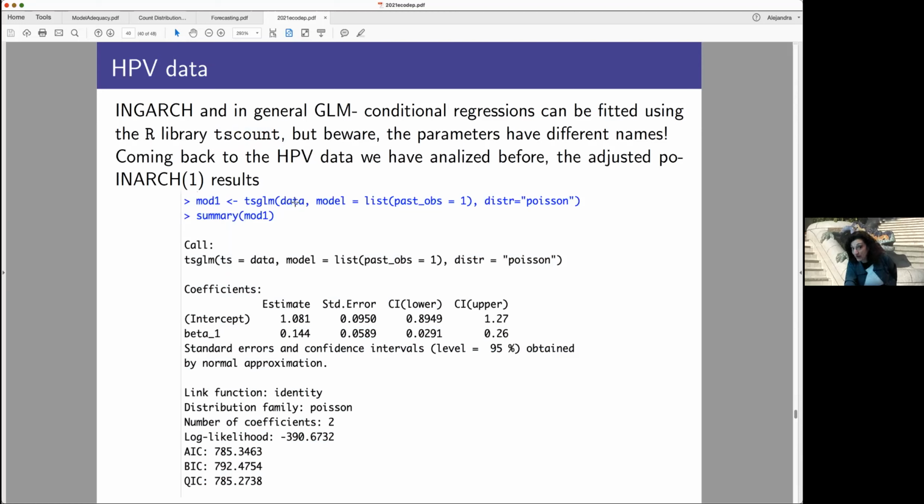Data is the name of the vector where the data are. And for the model, you say how many past observations, and the distribution, Poisson. You can also put a negative binomial if you want. So we have here the model fitting.